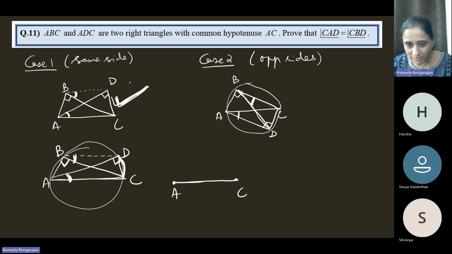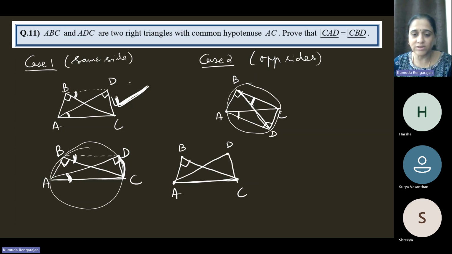I'm explaining with respect to this figure, using the vertices in this figure. B and D are the 2 other points lying on the same side of AC, and AC subtends equal angles, because ABC is 90 degrees and ADC is also 90 degrees.